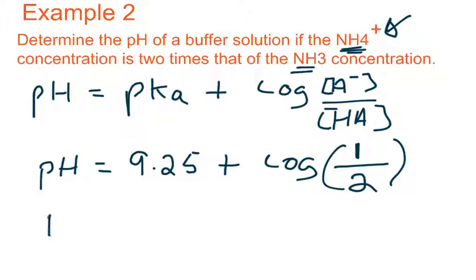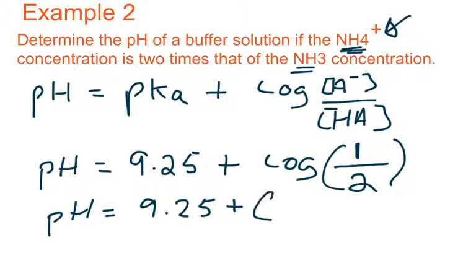Okay, so we're going to have pH equals 9.25 plus the log of 0.5, which I'll calculate right now. The log of 0.5, if I'm not mistaken, is -0.30.